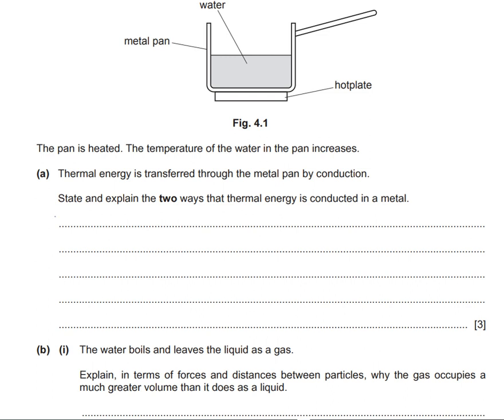So number 1, we can say that metals are made up of free electrons.